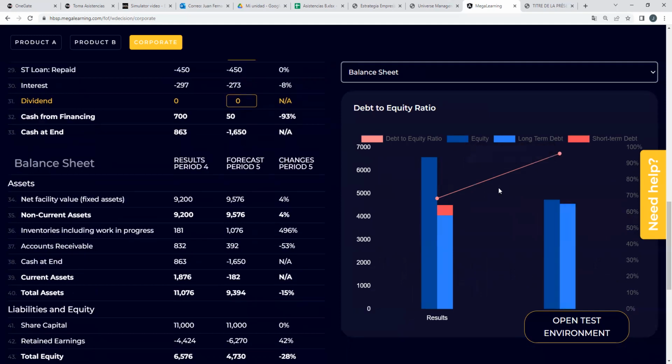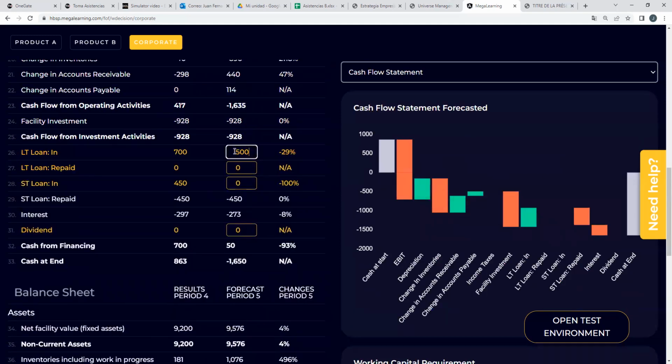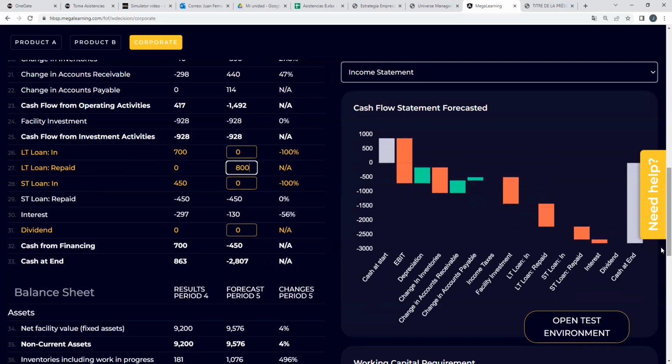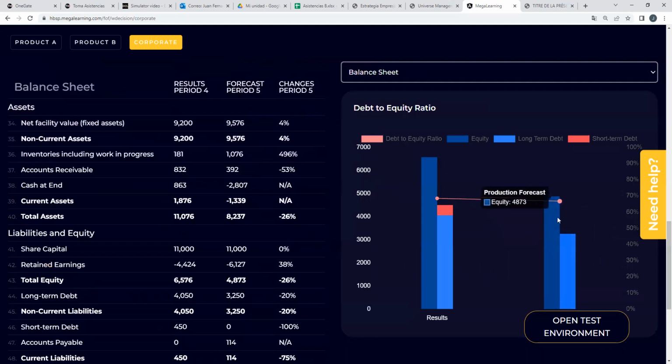But you have other options. Probably do not ask for more loan. And probably here this second box that says long-term repaid. If you repay debt, this debt to equity ratio is going to be in a better situation, no? Okay.